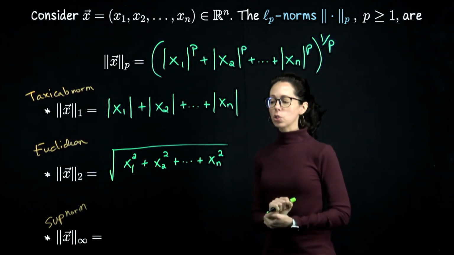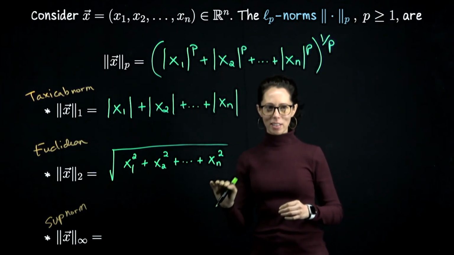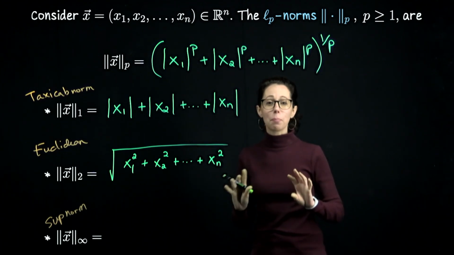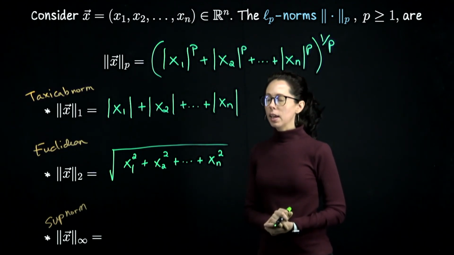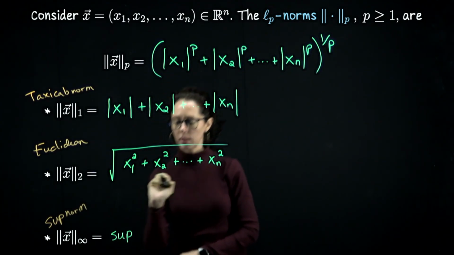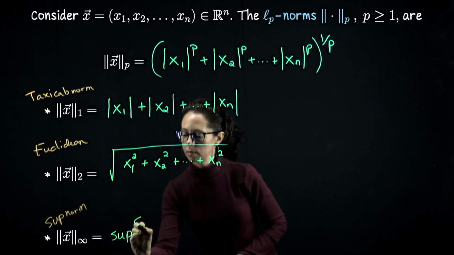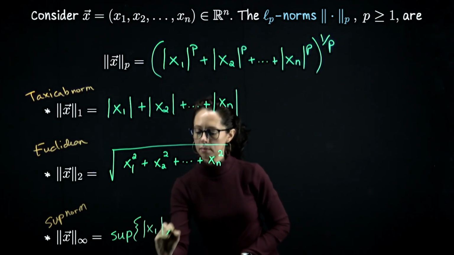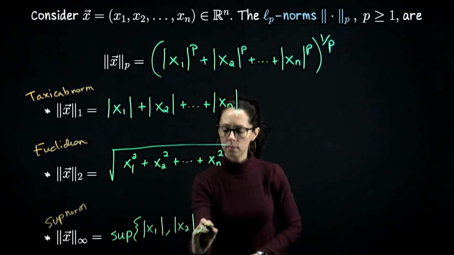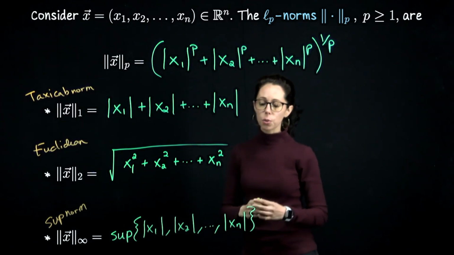But we will say that the sup norm of this vector x, which we denote as the norm of x with that subscript infinity power, so it's kind of like we let p equal infinity, is going to be the sup of the sizes of the coordinates. So it's a set supremum.